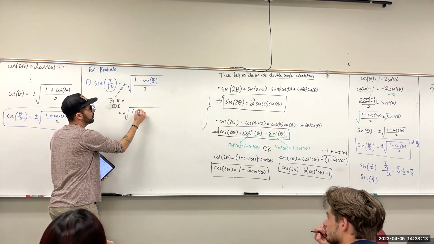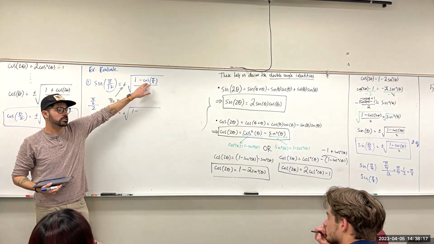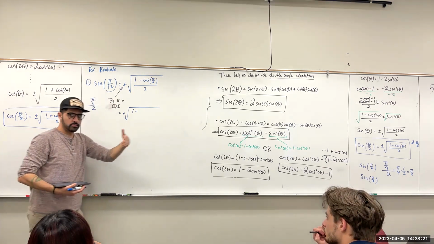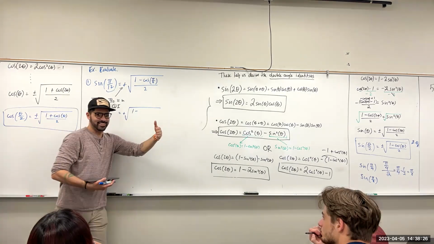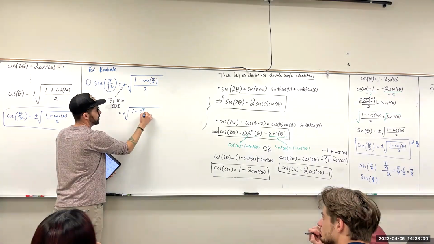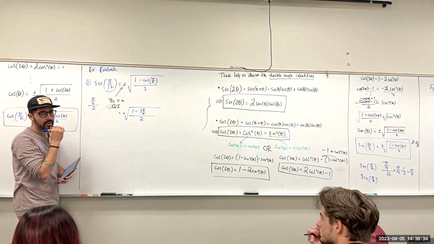So I have to figure out, well, let me use the unit circle, what's cosine of pi over 6? Root 3 over 2. Root 3 over 2? You okay with that? You're like, sure, I think so. Okay, it's root 3 over 2, all over 2. And unfortunately, you have to simplify that.